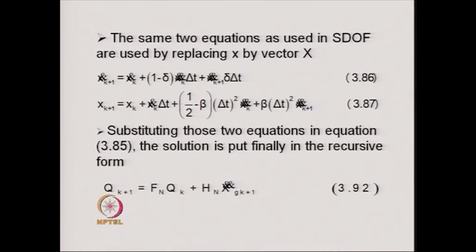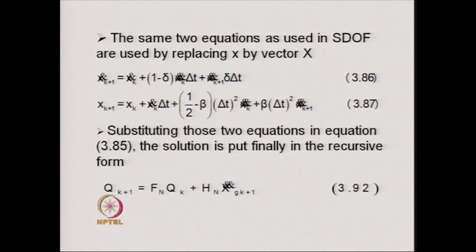The difference between equation 3.92 and the previous equation for the single degree of freedom system is that here the Fn matrix contains terms which are all matrices.